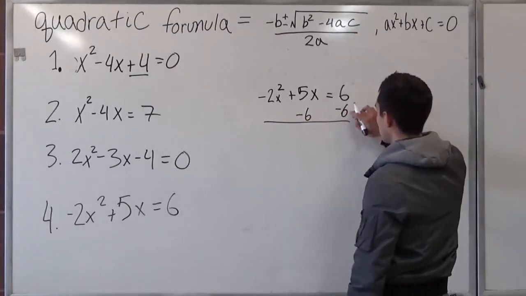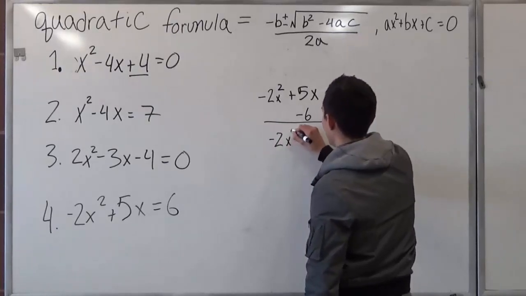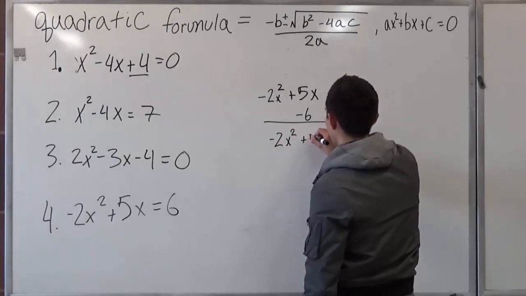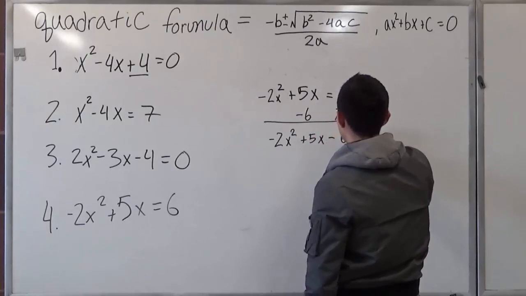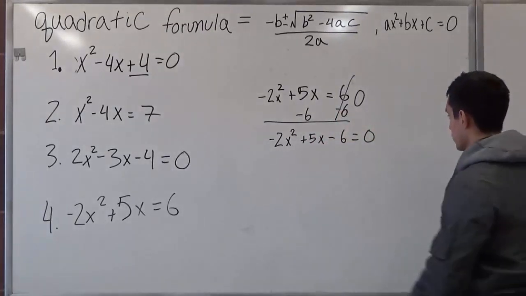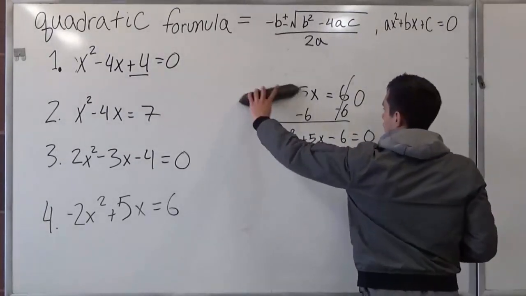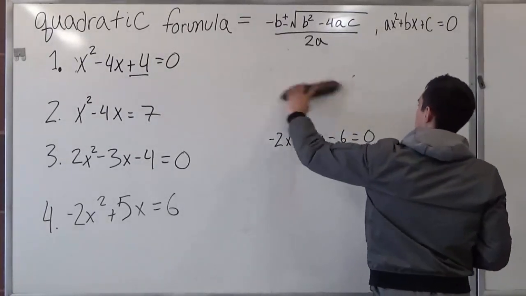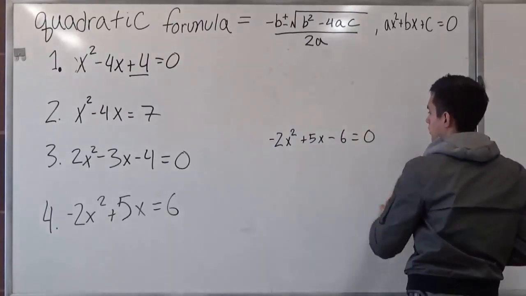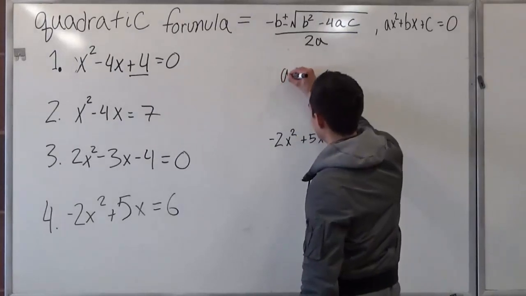And what we get is 6 minus 6, that becomes 0. And negative 2x squared plus 5x minus 6 is equal to 0. So this is already preparing us to use the quadratic formula. So now that we have this one, we have to find our a's, our b's, and our c's.